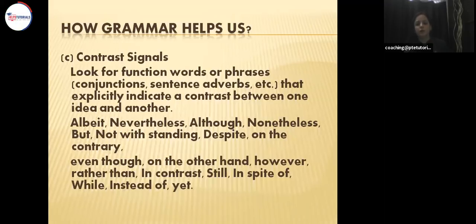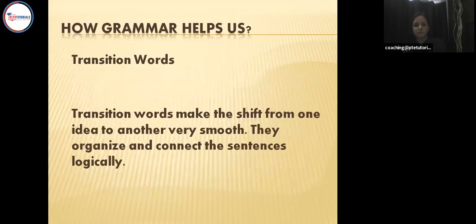I'll tell you how. Next are the transition words, which make the shift from one idea to another very smoothly. Without writing in addition to, without writing furthermore, I would not be able to get that the speaker or the author is writing this fact. Now again, he is talking about the same fact and writing something extra.